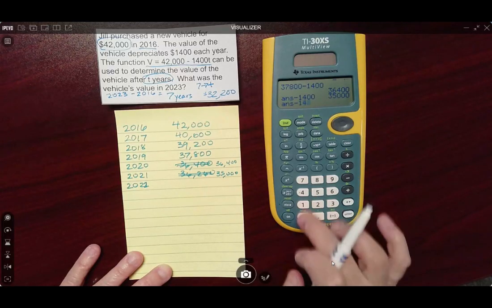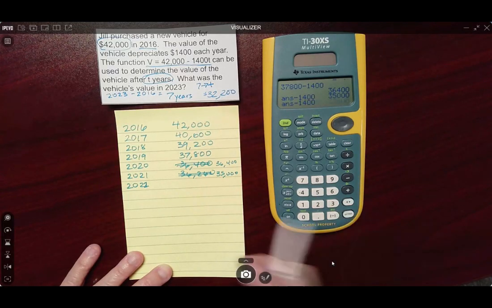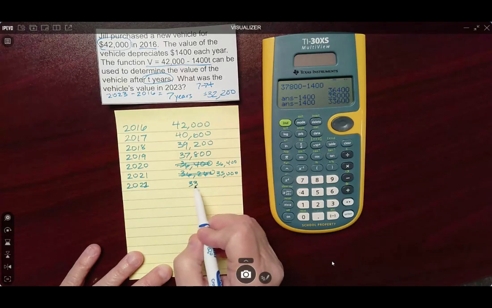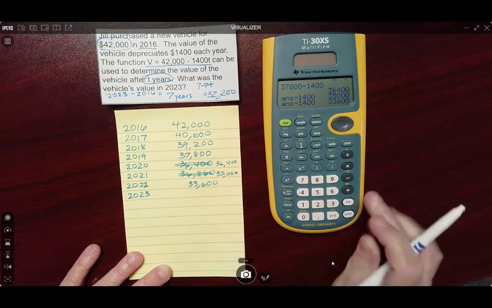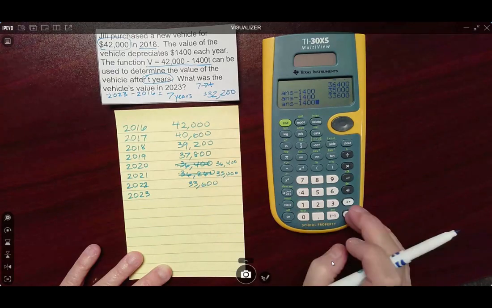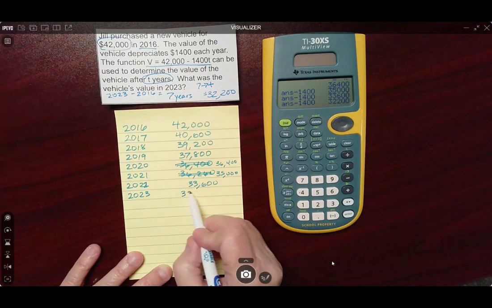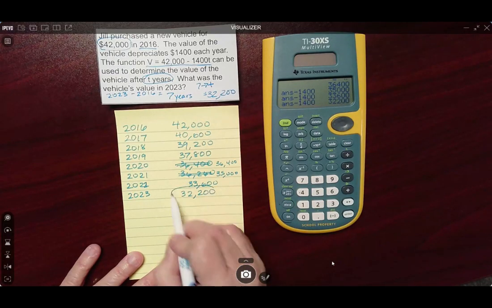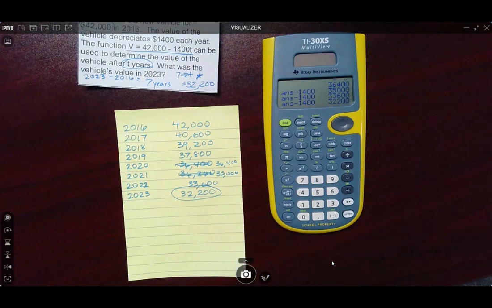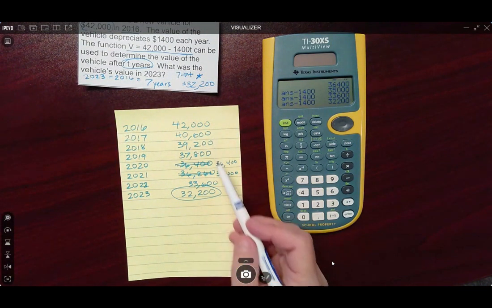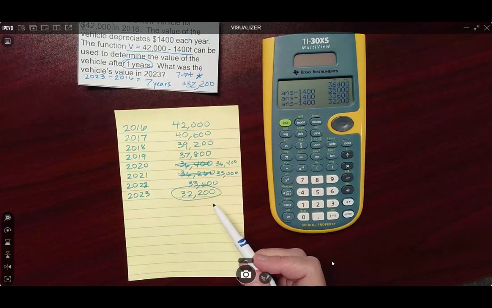Minus another 1,400 for the year 2022, 33,600. And 2023 minus another 1,400 gives me 32,200. Oh, there's our answer. So we just confirmed that it's right. It took us a little longer, but we got there.